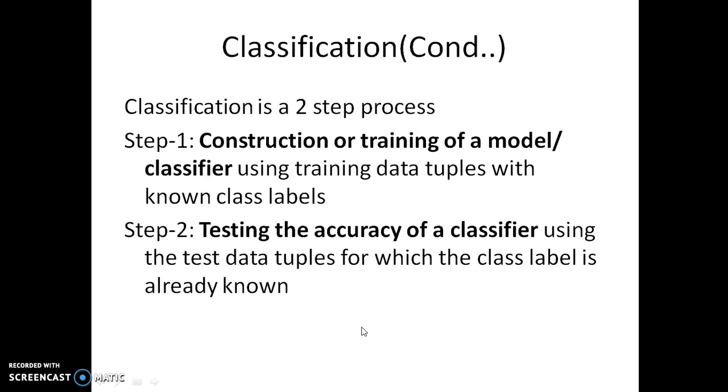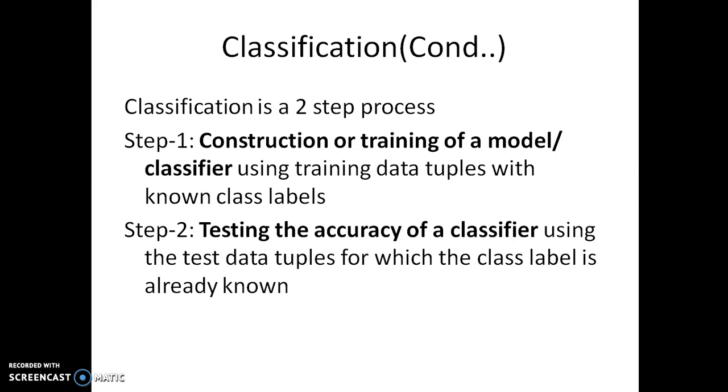This is mainly a two-step process. In the first step, we train the model by creating a classifier from the training data tuples for which the class labels are already known. In the second phase, we test the accuracy of the classifier, how well it is classifying the data tuples.